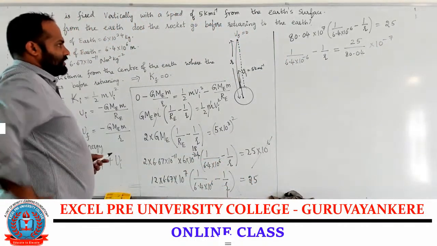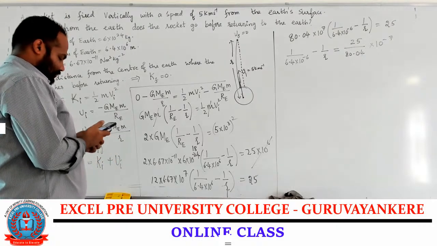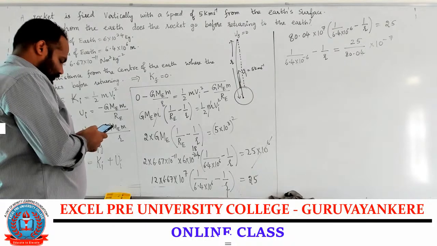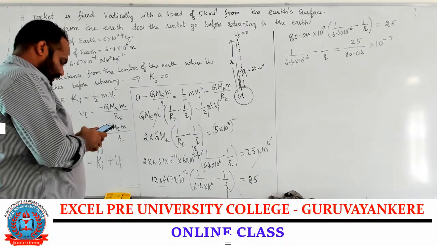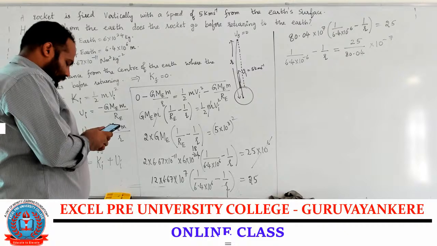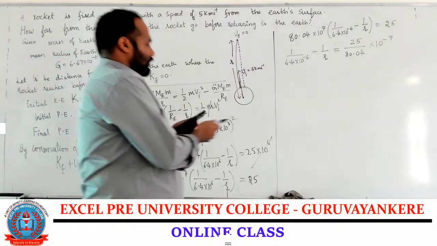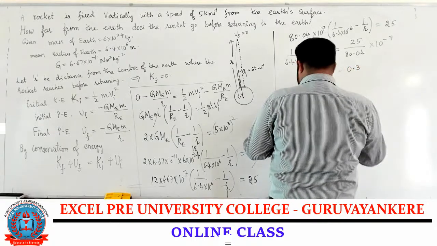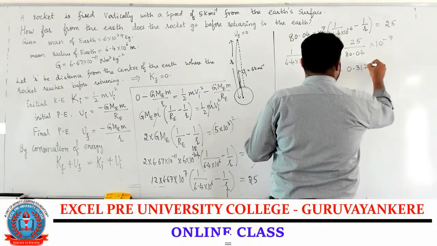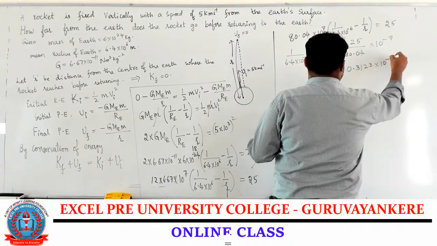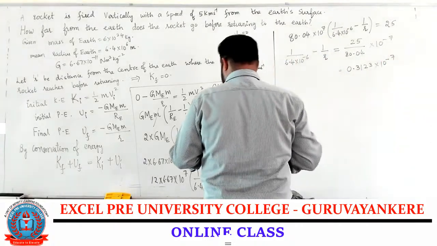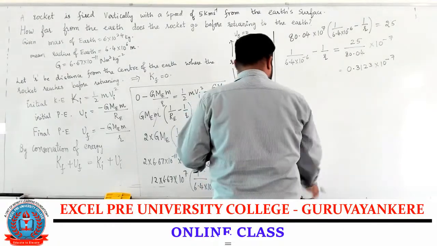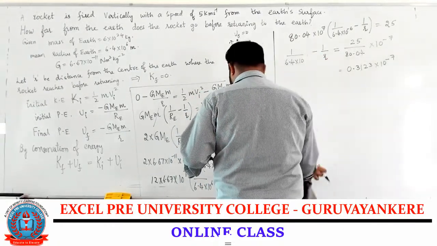Calculate this fast. 25 by 8.04. The value is 0.3123 into 10 to the power minus 7. And this one, this is 10 to the power 6 now here.